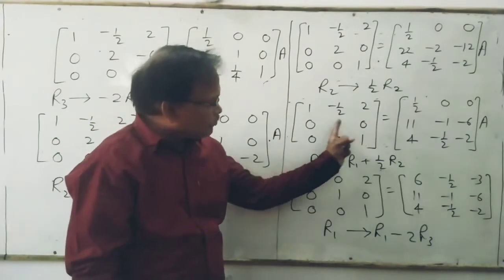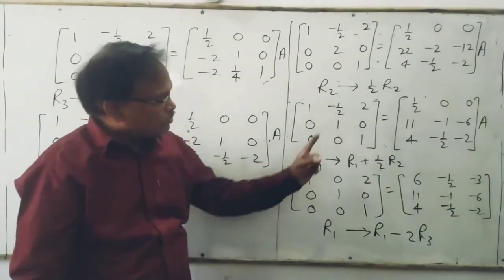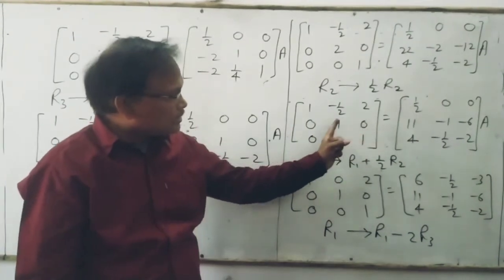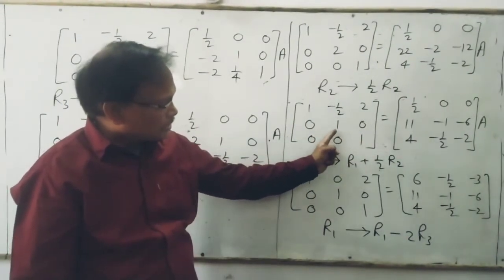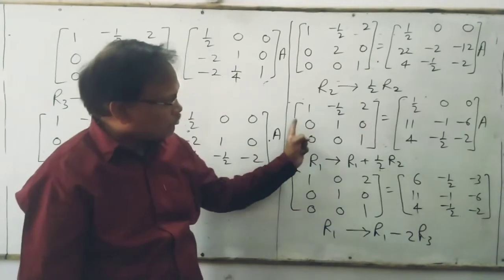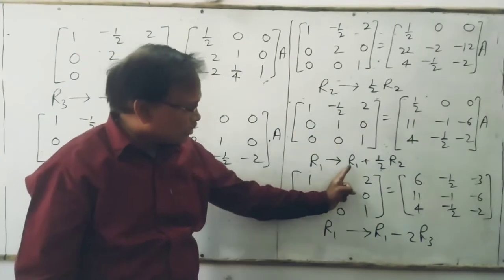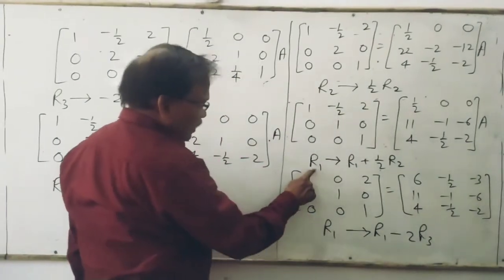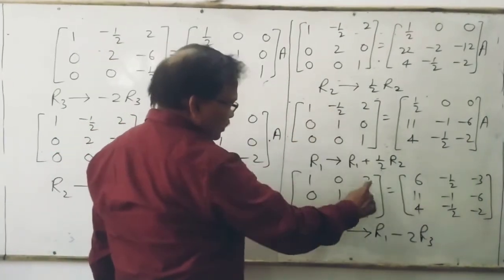Now you have to make this one as 0. To make it 0, take R2, take this row and multiply it by 1 by 2, meaning the whole row by 1 by 2, and add it into this. So R1 plus 1 by 2 R2 you will get, meaning only R1 will change: 1, 0 and 2.